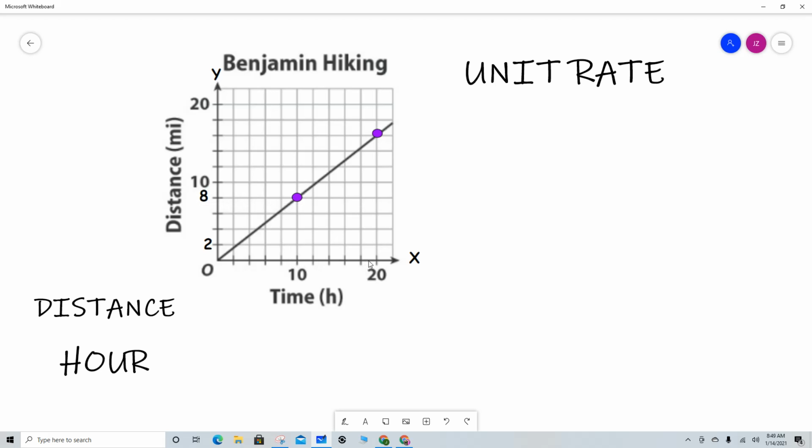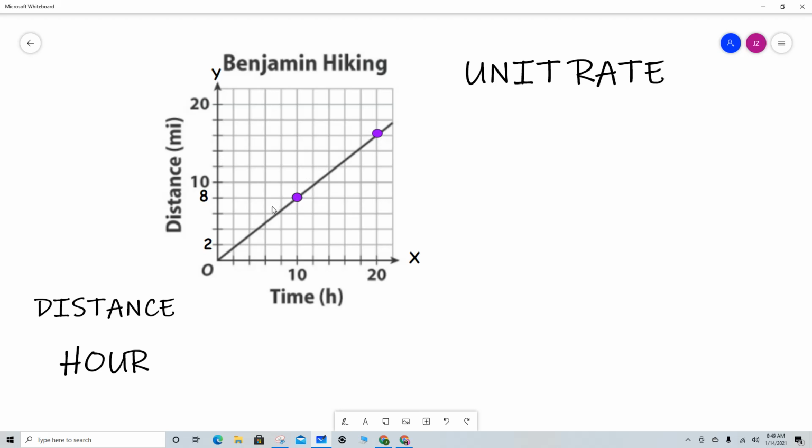And in 20 hours, he was able to hike this number right here. So what number is this? We start at 10, this is 12, 14, 16. So that's what these dots represent.